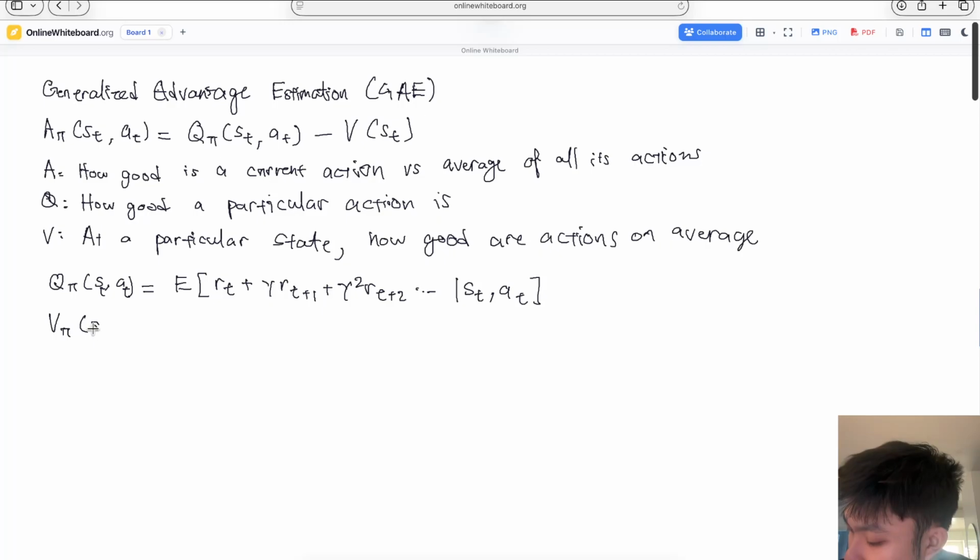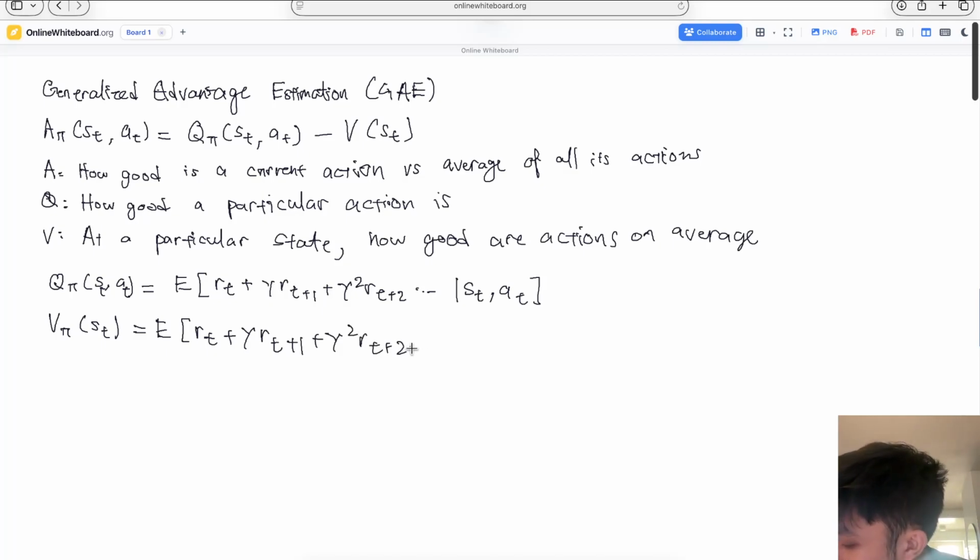Now the value. As we previously mentioned, it is, at a particular state, how good the actions are on average, so there's no A here. For the value, this is the expectation, the same thing, the reward, which measures how good the particular action is, but it's an average over all the actions, so it's just at a particular state.